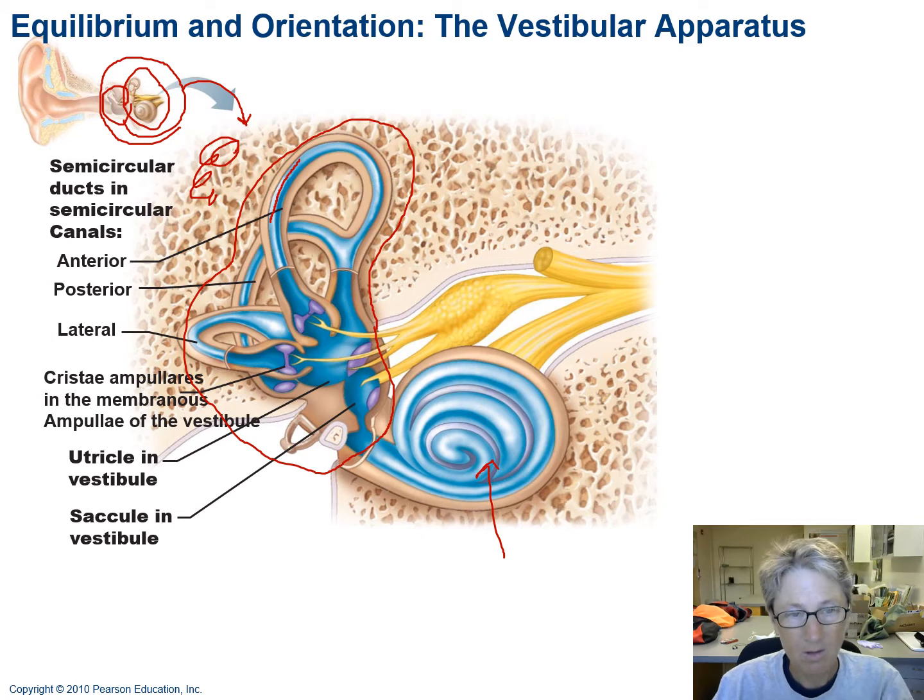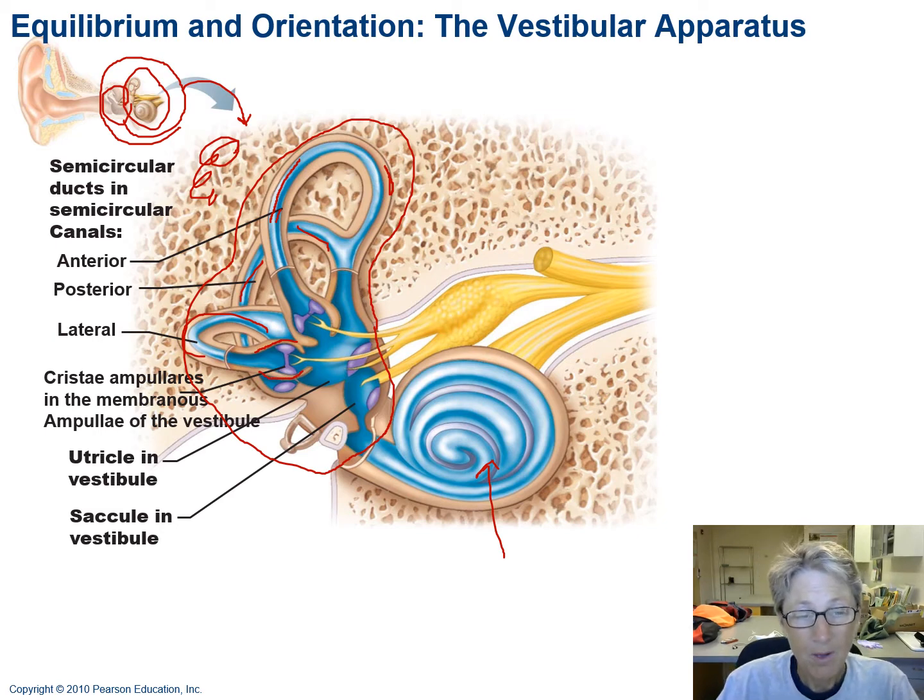These are the ducts within the semicircular canals, which are just the carved out portions of the temporal bone that the ducts can run in. And then you have an anterior duct, a posterior duct back here, and a lateral duct here. And where these ducts kind of flare open, that's called an ampulla. So the area is the ampulla.